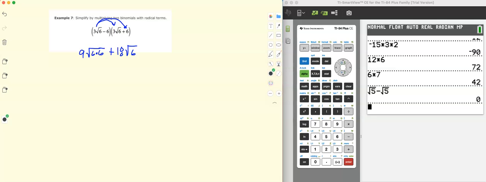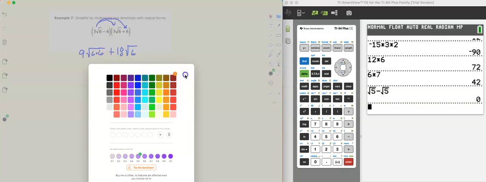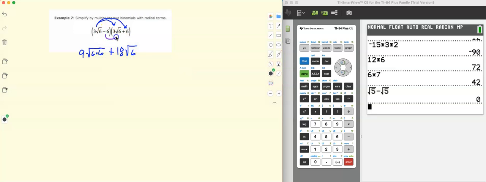All right, now I need to switch because this time I have to multiply the negative 6 by everything. So that's going to be negative 18 square roots of 6. And you guys check my math and make sure I'm doing this right. And then this right here will be a negative 36.